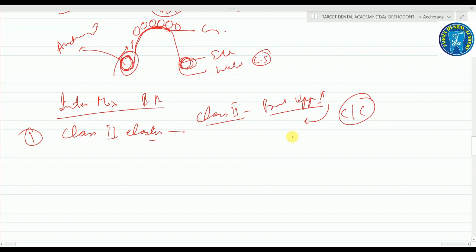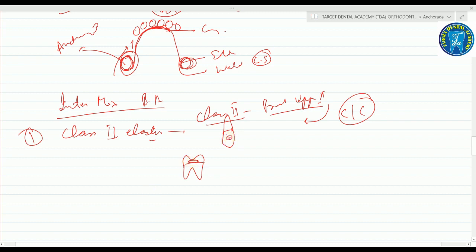So in this way the elastic is placed. This is the canine, right? And this is your mandibular molar, right? This is the buccal tube and this is the bracket.